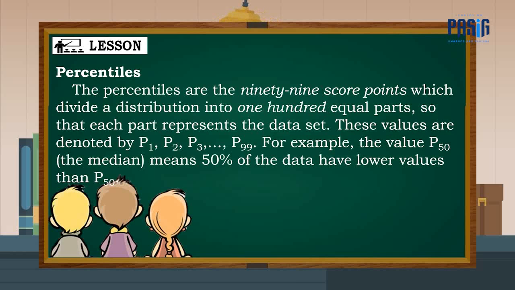These values are denoted by P sub 1, P sub 2, P sub 3, etc. to P sub 99. For example, the value P sub 50, the median, means 50% of the data have lower values than P sub 50.